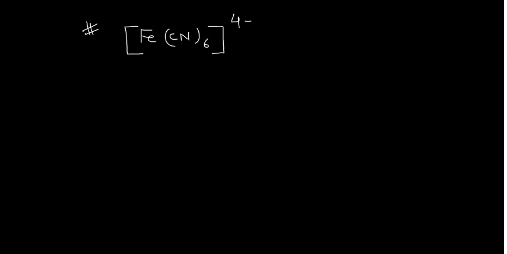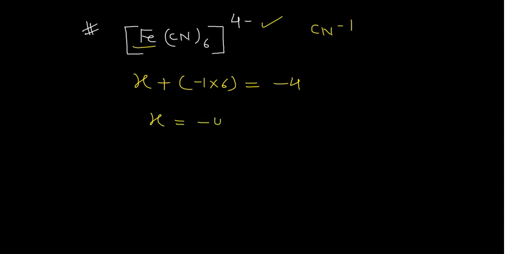You have to calculate for iron, so I am underlining this iron. You can write x plus cyanide, you know, it is minus 1, and it is present 6 times, and minus 4 you can write here because negative 4 is there. So x equals minus 4 plus 6 equals 2. That means iron is in plus 2 oxidation state.